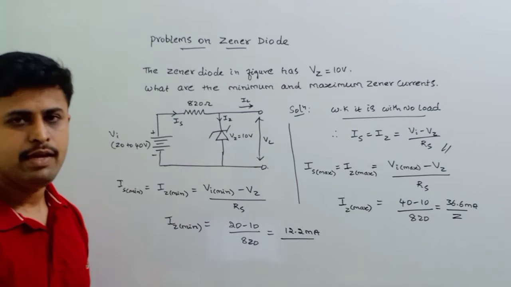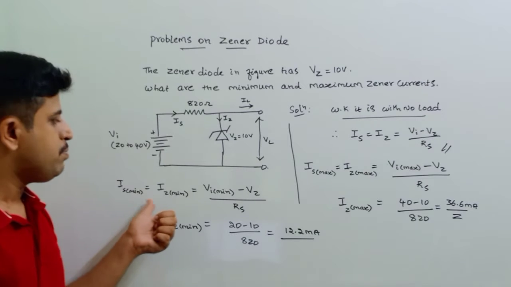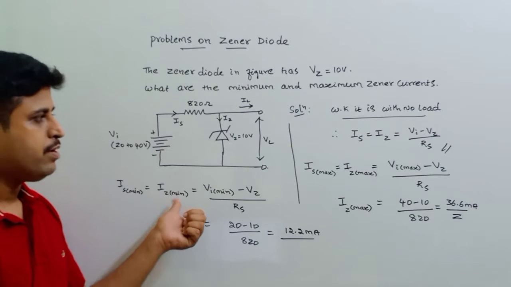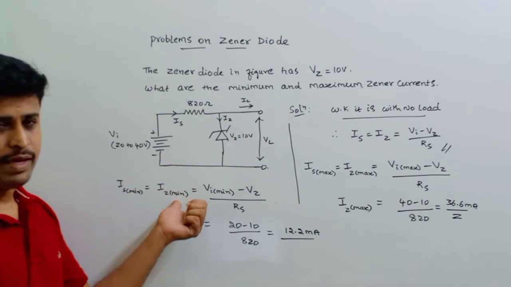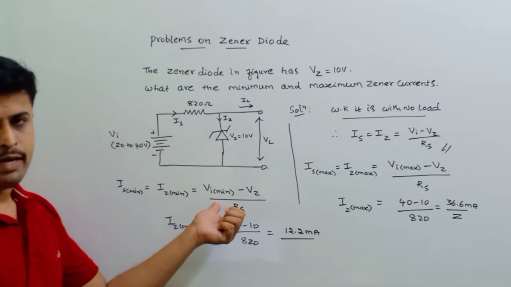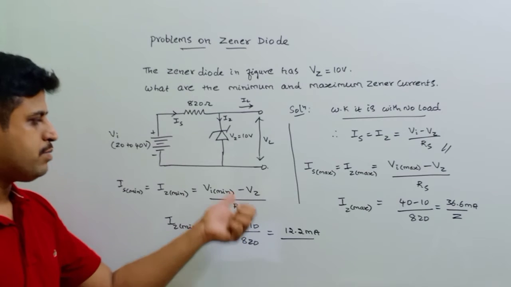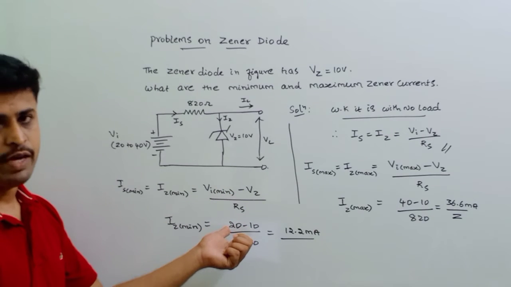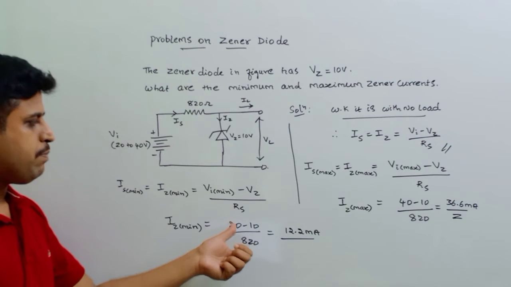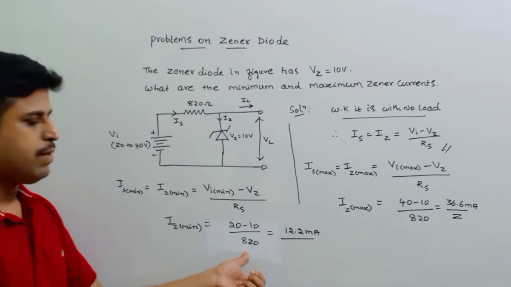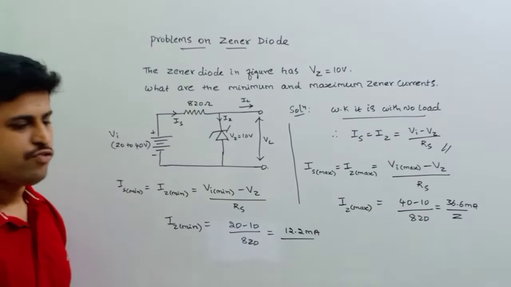Whereas similarly, we can find out the minimum Zener current, that is Iz min, from the same equation. So Is min is nothing but Iz min, which is nothing but Vi min minus Vz by Rs. By substituting the value of Vi min, that is the minimum input voltage, 20 here, so 20 minus Vz, which is 10 here, divided by 820, that is your resistance value.